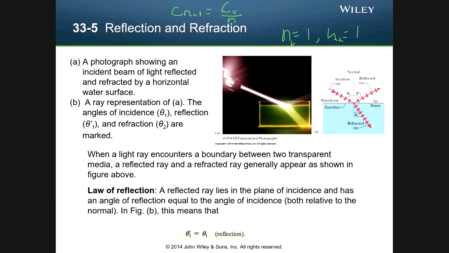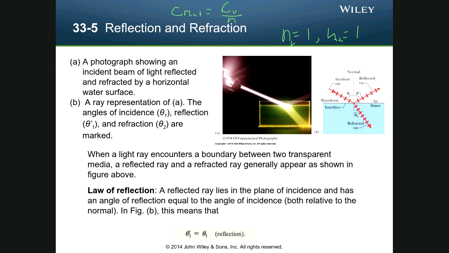So we can see here, a photograph shows us an incident beam of light, and it shows some of the light reflecting off the water and some of it transmitting through the water. You'll notice we can describe those with an angle. We have our angle of incidence and our angle of reflection. The law of reflection, which you should have learned a little bit of in Physics 1, tells you that the angle of incidence is equal to the angle of reflection.